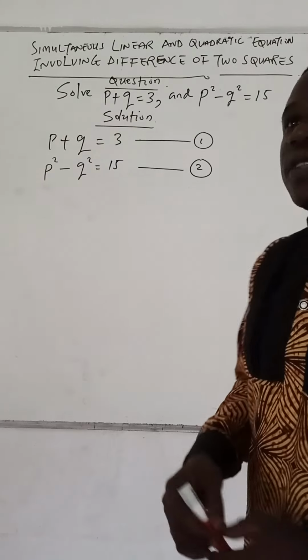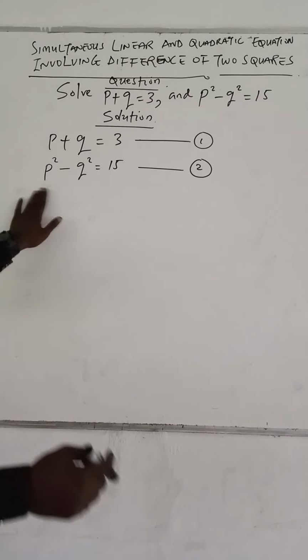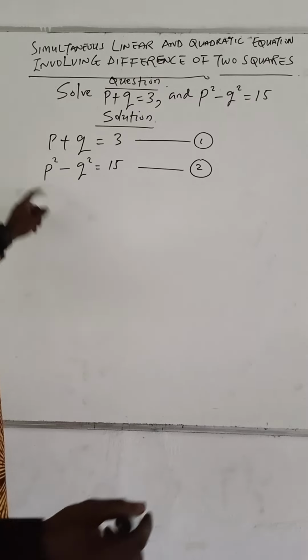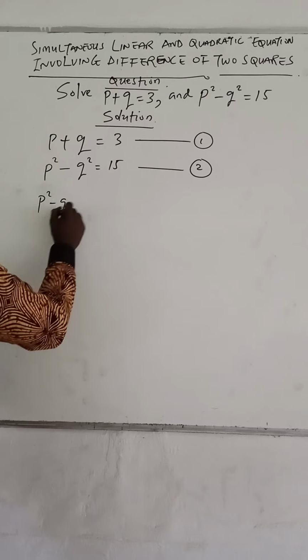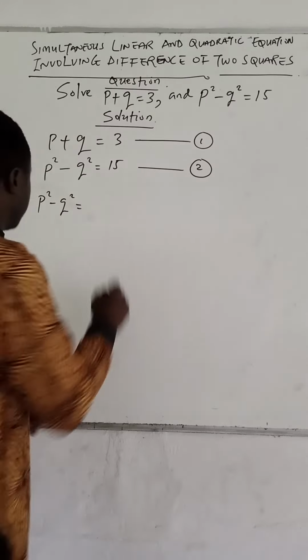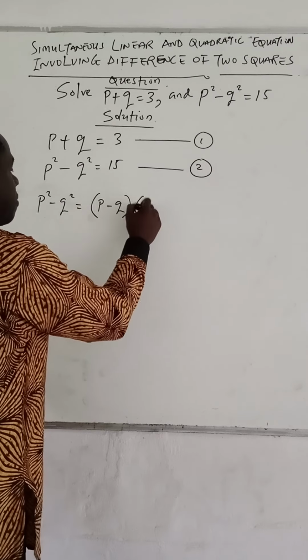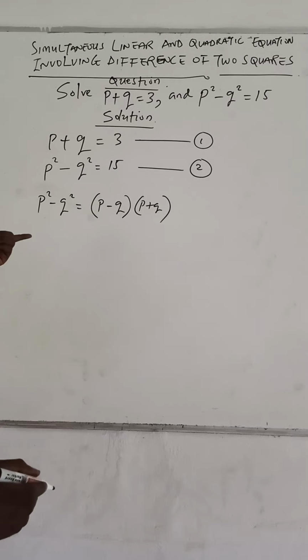We need to apply the difference of two squares: p squared minus q squared is equivalent to p minus q bracket p plus q. This is the difference of two squares.